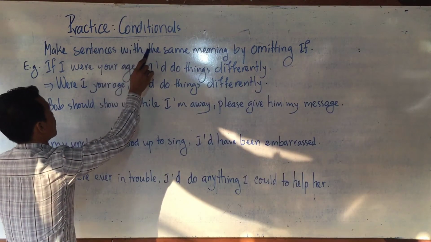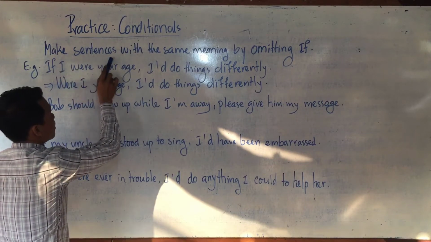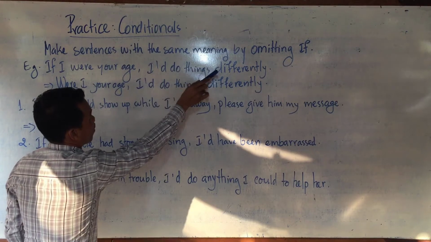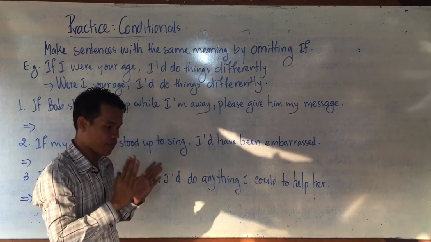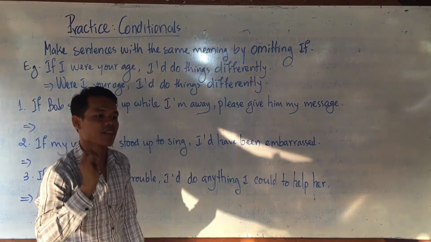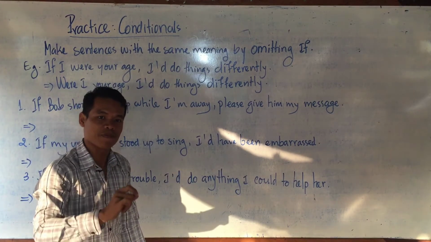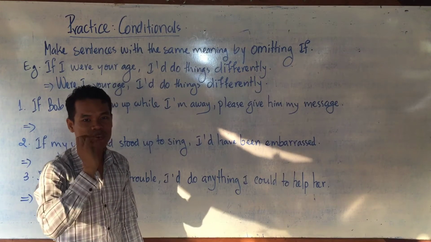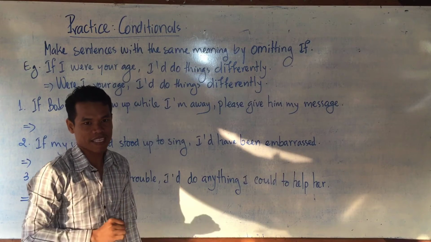Practice conditionals. Direction: make sentences with the same meaning by omitting if. So it means that the sentence given to you is an if clause, but you are asked to omit if. We use another way, but keep the same meaning.